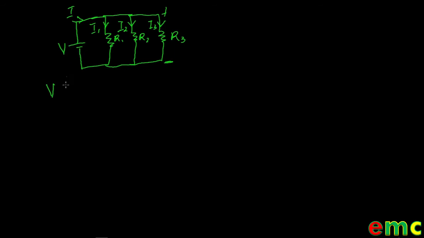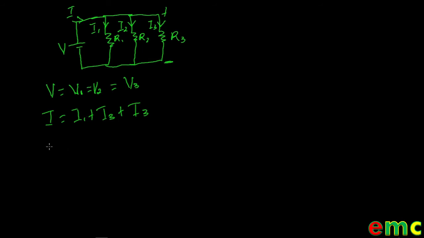So the supply voltage is equal to the voltage across the first resistor, the second, and the third resistor. But the current flowing out of the voltage source is equal to the sum of all the currents flowing through each branch.